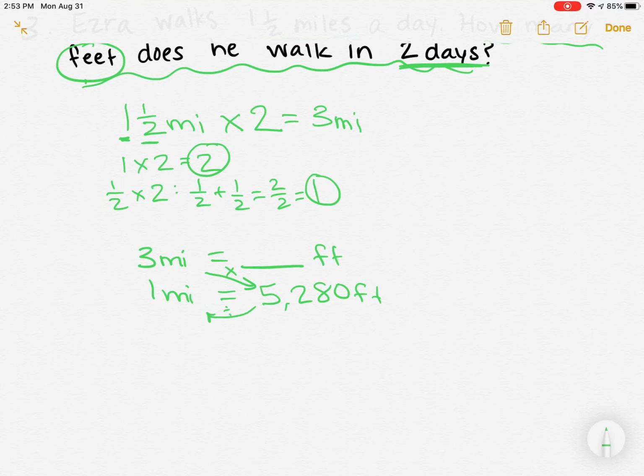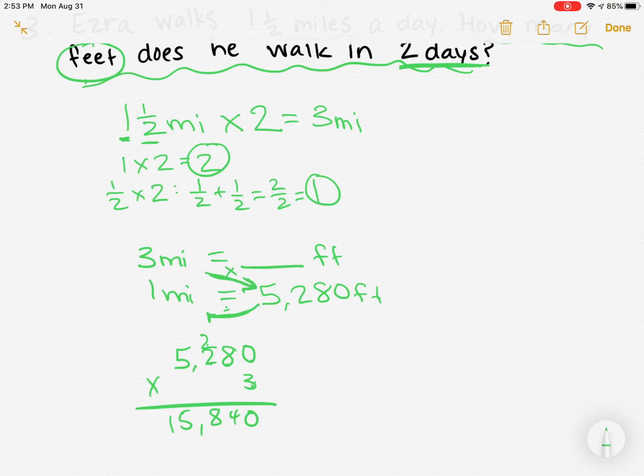5,280 divided by 1. In order to do this big multiplication problem, I will set it up this way. 5,280 times 3. 3 times 0 is 0. 3 times 8 is 24. 3 times 2 is 6, plus 2 is 8, and 3 times 5 is 15.